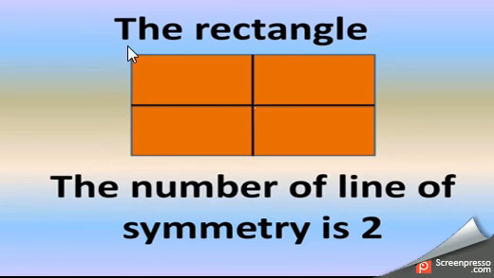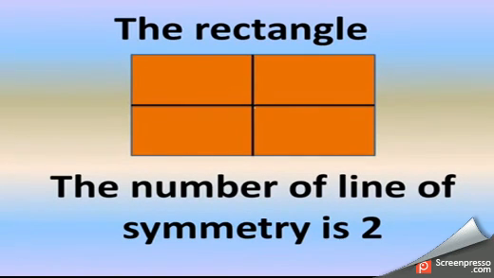But now I can consider the rectangle when I draw it the other way. When I draw a vertical line of symmetry or a horizontal line of symmetry, it divides the rectangle into parts.